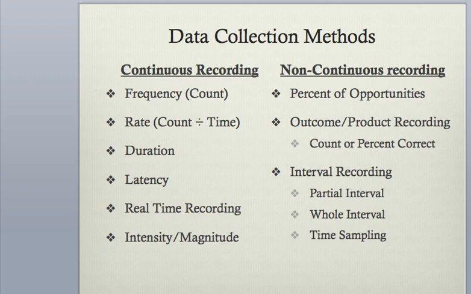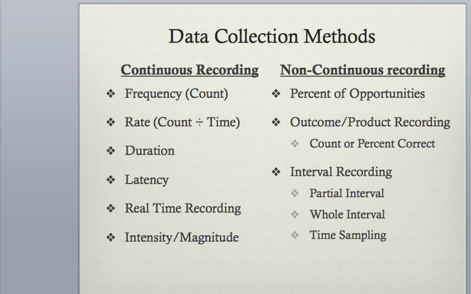You can measure how long it takes from the time the behavior is prompted until the client complies. So if you are looking at compliance behavior, following directions, for example, how long between the time that the teacher asks for a behavior and when the student actually gives the behavior? That's called latency. It's the duration from sort of the cue until the behavior starts.